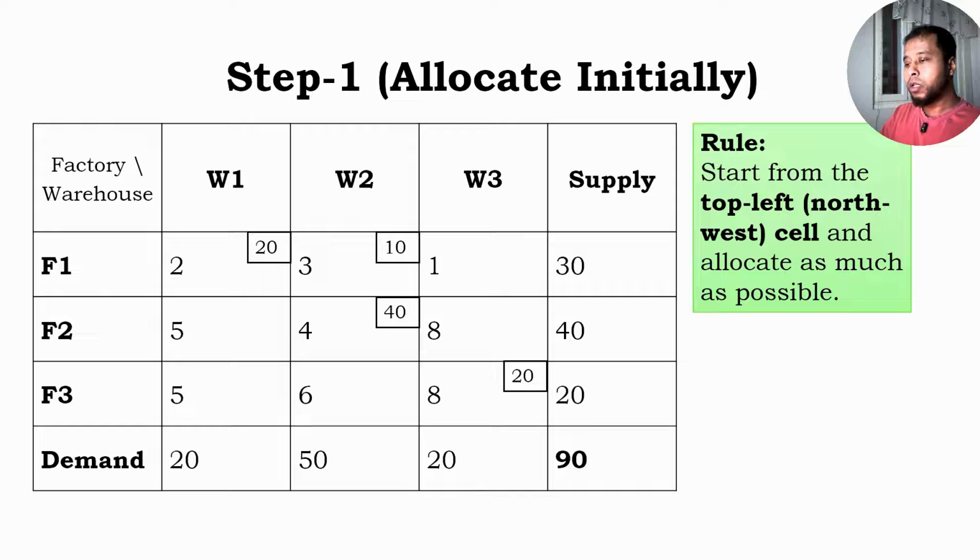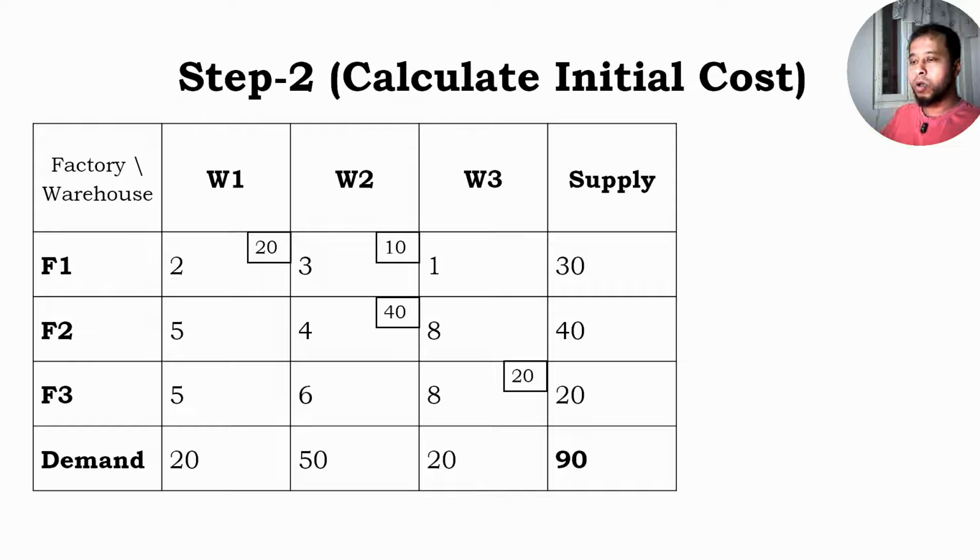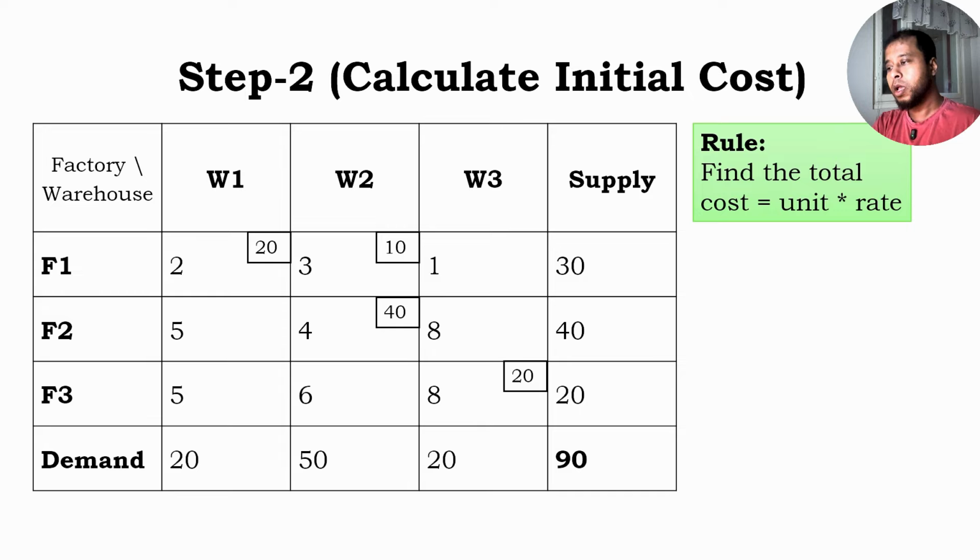So now let us calculate the initial cost. The rule to calculate initial cost is units multiplied by rate. So our units here are 20 and rate is 2, 10 and rate is 3.